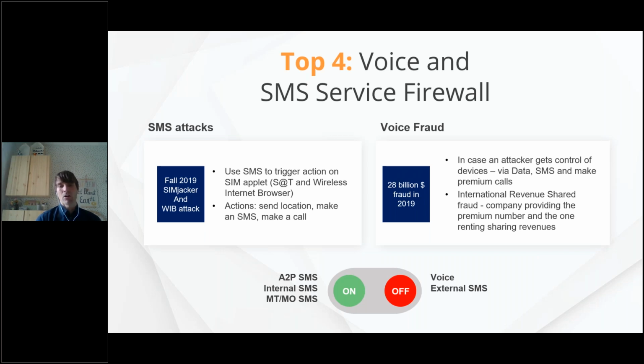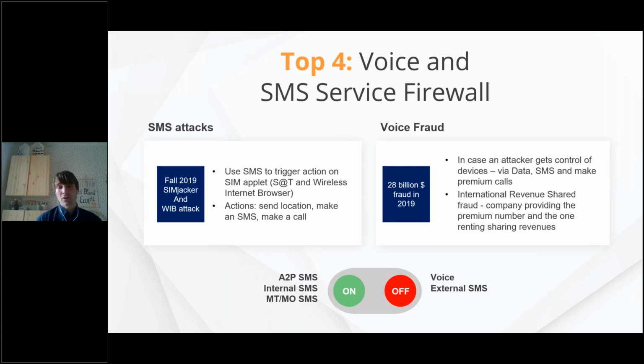Also, our suggestion is to deactivate external SMS, because it's an open entry point where, let's say, anyone can send an SMS to the device if they know the right number, and can, for example, execute an SMS attack like the SIMjacker and WIBattack.